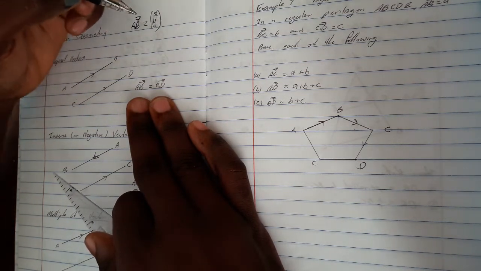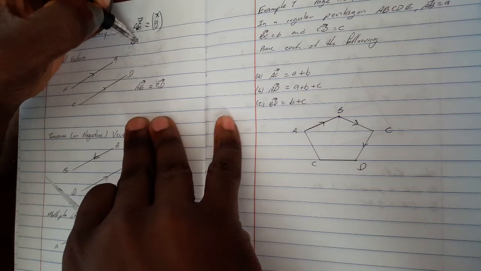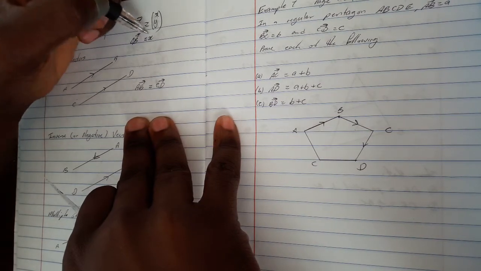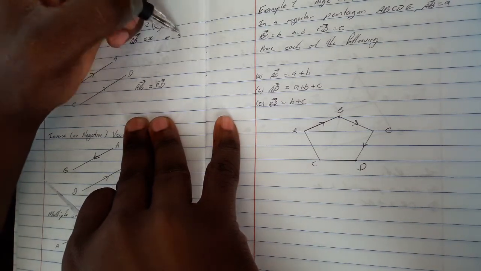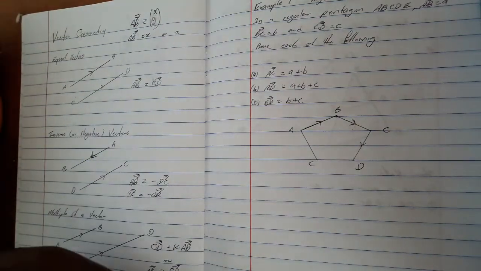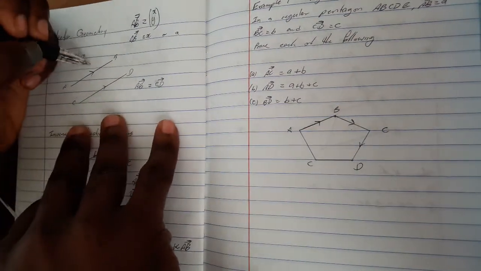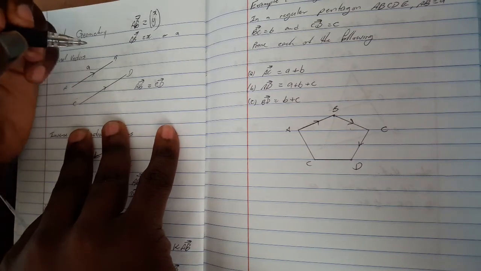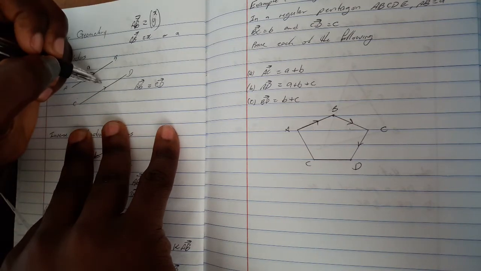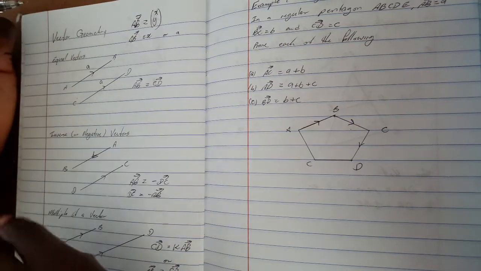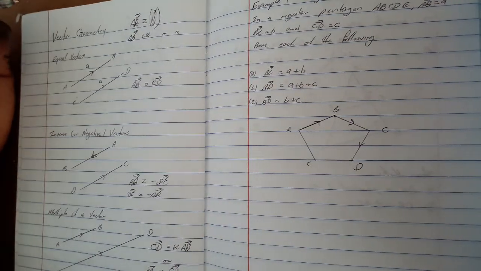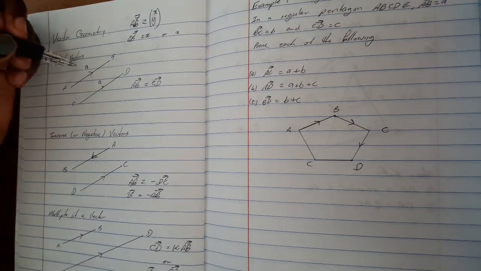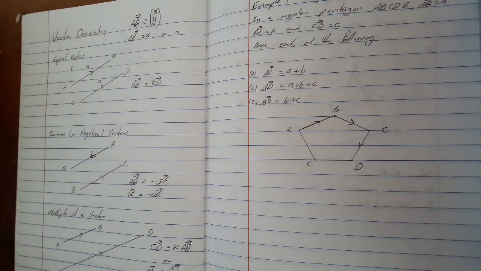Vectors in vector geometry are written as AB equal to some a, or r, or u, or v. So a vector is represented by a variable a or b or something of the sort, or any alphabet. You could have gamma, anything.